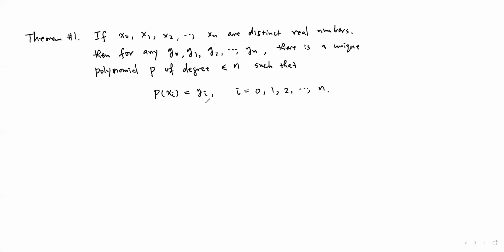Okay. How to prove this theorem? The proof is not difficult. I can write the polynomial as: the constant term is a0, the term associated with x is a1, associated with x squared is a2, and so on.